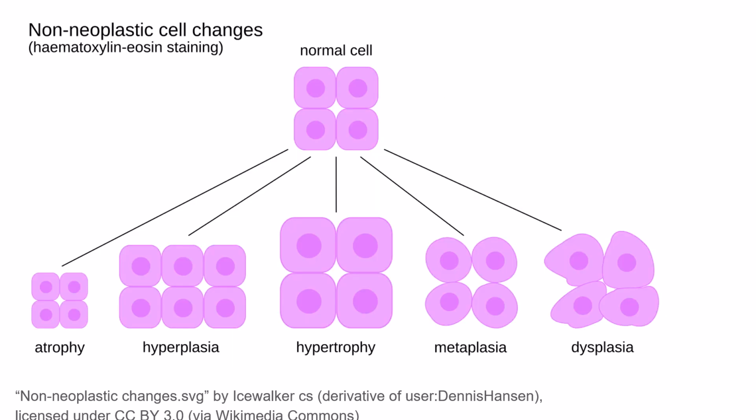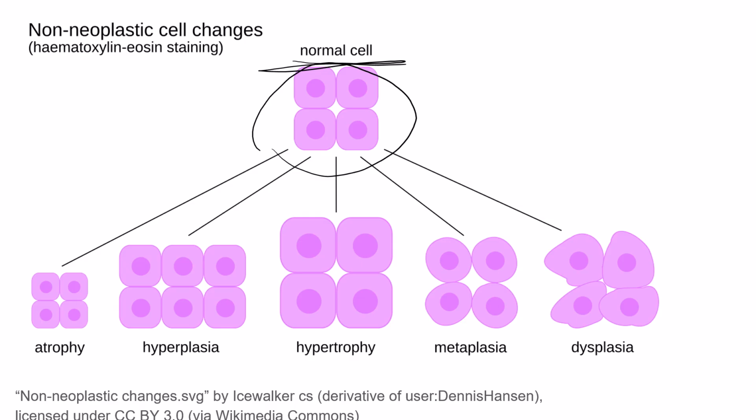In this slide, we're going to talk about changes that your cells can undergo to adapt to stress or to things in the environment. So I'm going to teach you some new words. On the top here, we have just some normal cells.